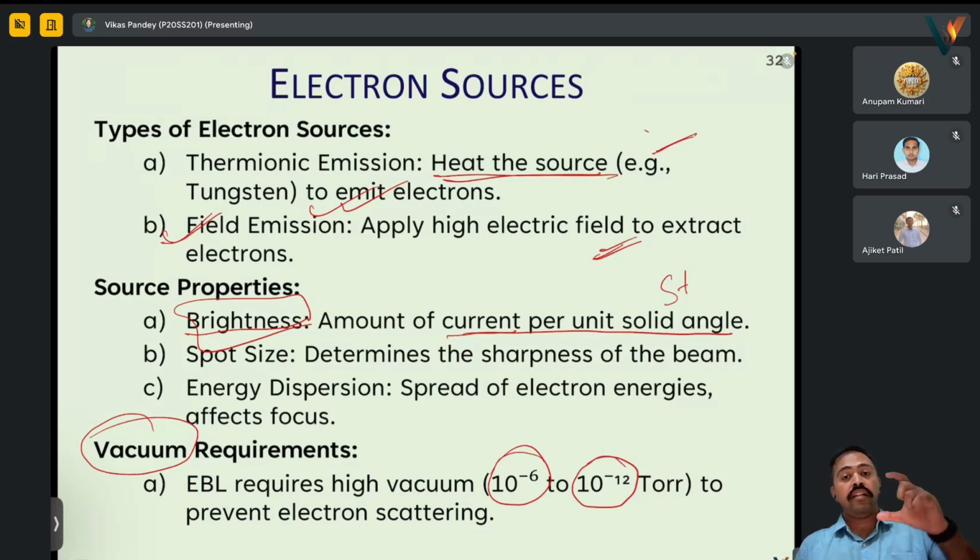When we are talking about sputtering, we are talking about a distance of say 5-10 centimeters. Here the distance can be as high as 10-20 centimeters from the source to the target, and that's why we need good vacuum, so that there is least scattering and we are able to focus properly.